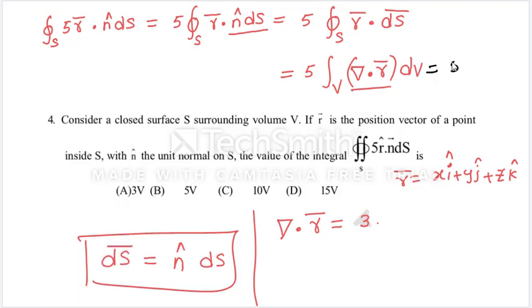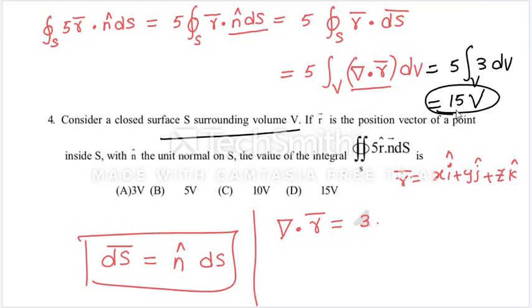Then this is 5 into volume integral of 3 into dV, which I can say is 15 into volume integral of dV, which is V. They have given this volume as V. So what's the answer? It is 15V. So from this, what's the option? Option D.